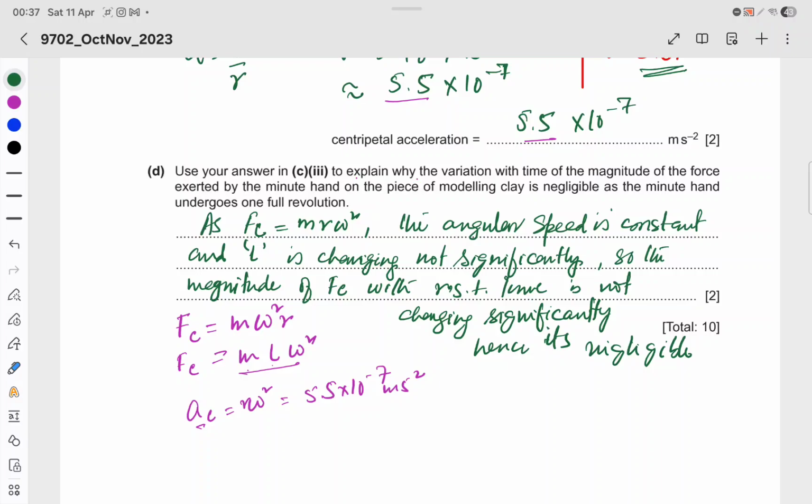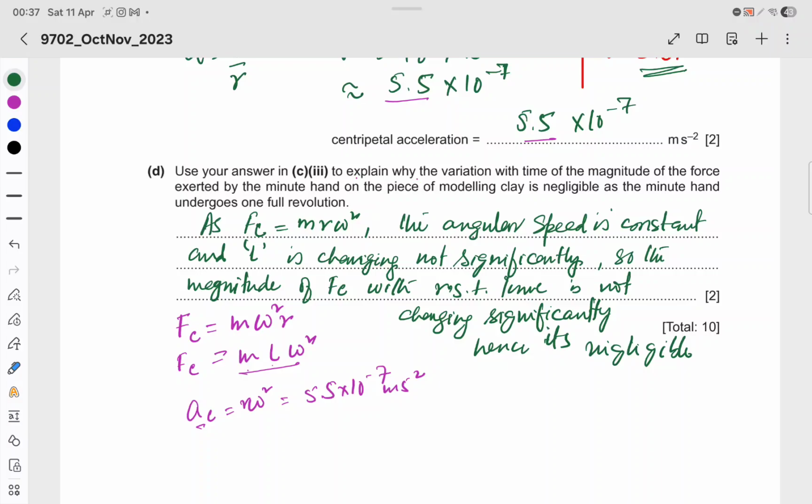So this thing will be incomplete until and unless you explain about the L, the length or the radius which is changing, but that change is not so significant that it can be measurable, right? And also the centripetal acceleration, which is a constant value, is very small, right? So this is what exactly you need to write at the last point.